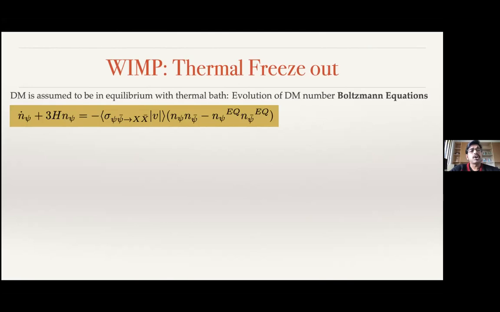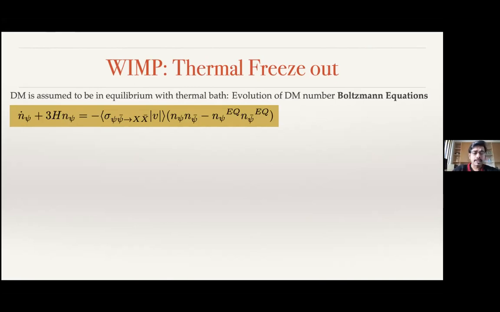And n psi dot plus 3H n psi is equal to minus sigma v thermal average, where v is the Moller velocity, into n psi n psi bar minus n psi equilibrium into n psi bar equilibrium, which is the Boltzmann equation that one needs to solve, assuming that the annihilation or the depletion of dark matter is occurring from psi psi bar to X X bar, where X is in equilibrium in the thermal bath, and the number density is given therefore by n psi equilibrium.